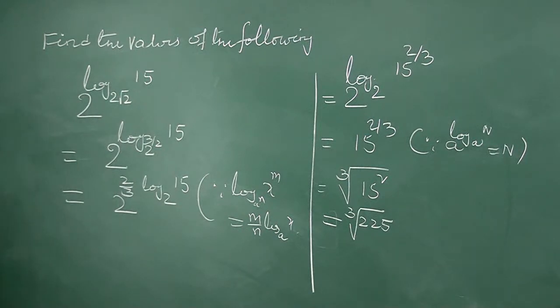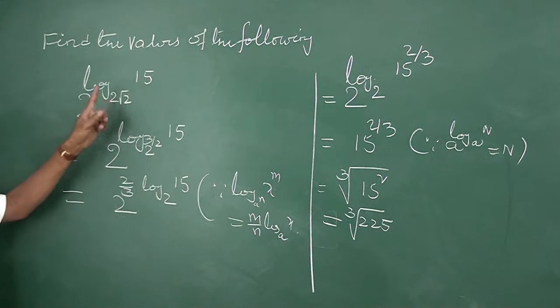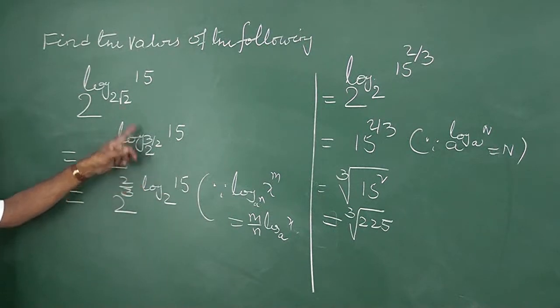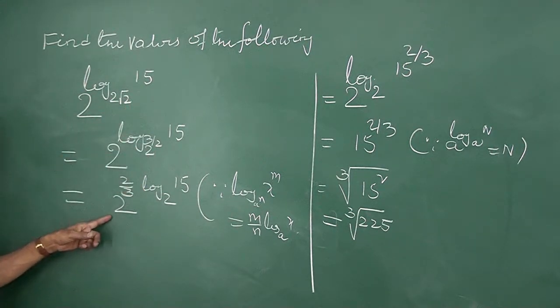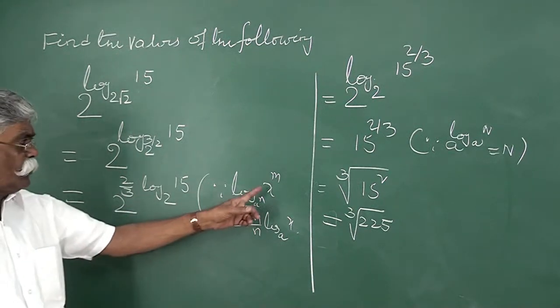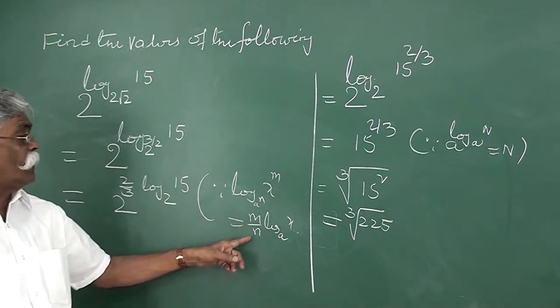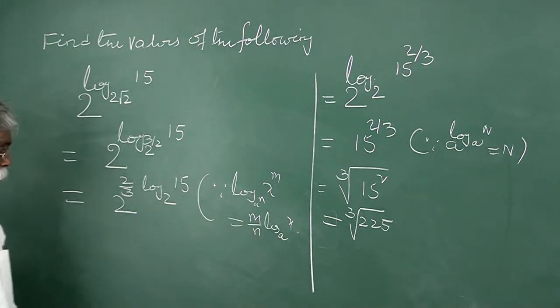So we are asked to calculate the value of 2 power log 15 to the base 2 root 2. 2 root 2 is written as 2 power 3 by 2, because it is 2 into 2 power 1 by 2. Therefore it is 2 power 2 by 3 log 15 to the base 2, since log of x power m to the base a power n is nothing but m by n log x base a.